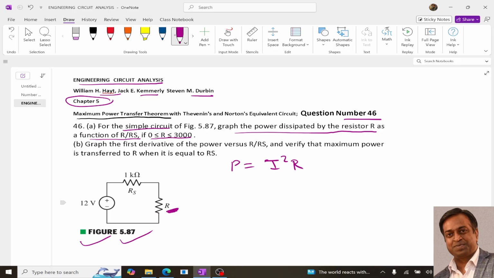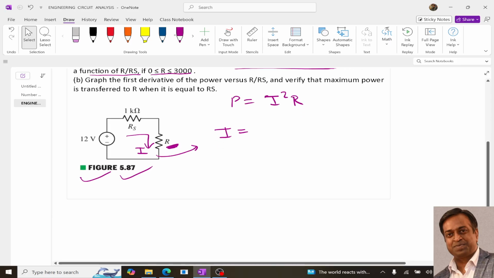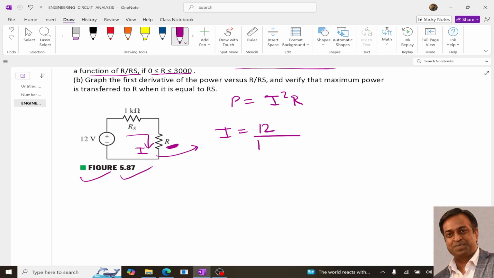So first I need to determine the current I flowing through resistor R. Applying KVL, we will write I is equal to 12 upon 1k, or let me write this as RS, 1000, so RS plus R. So this is our I.